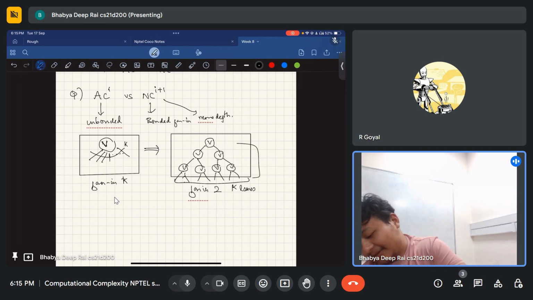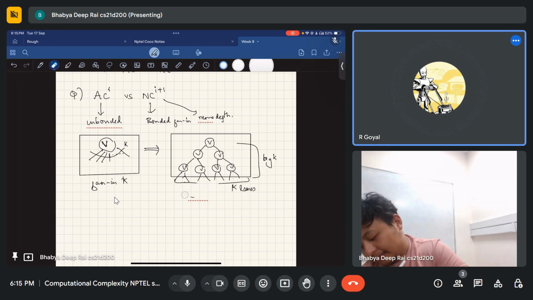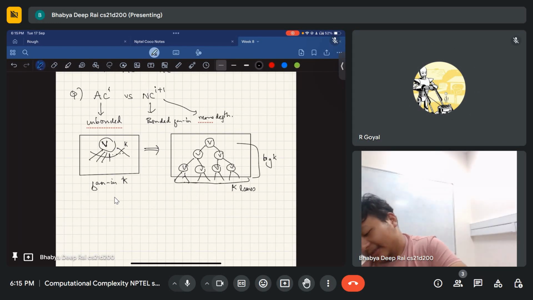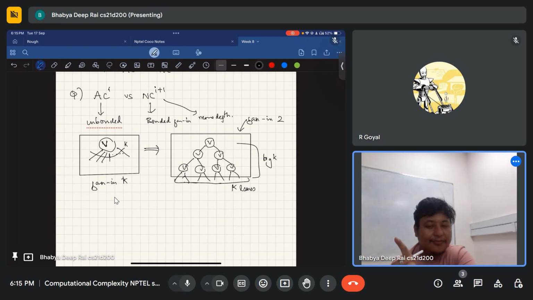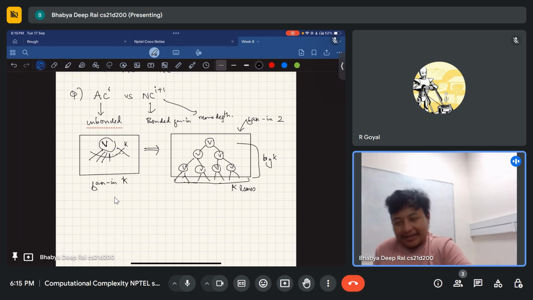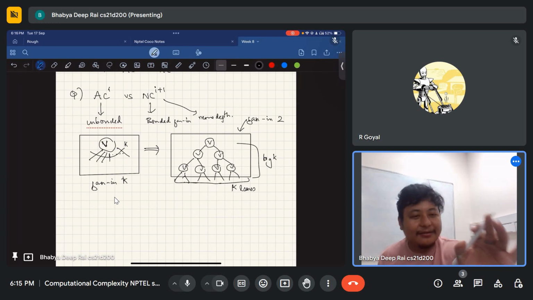And what is the depth? Log k. So log k depth, k leaves. So every gate can be converted into a bounded fan-in set of gates.